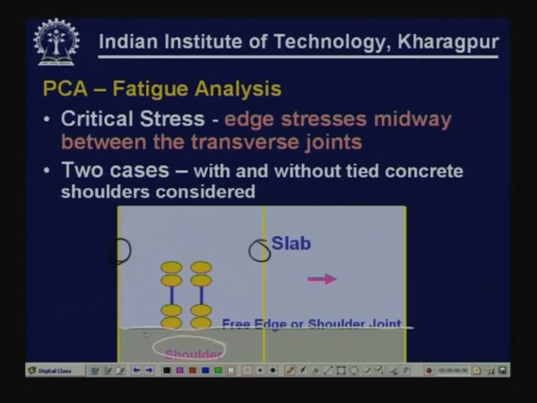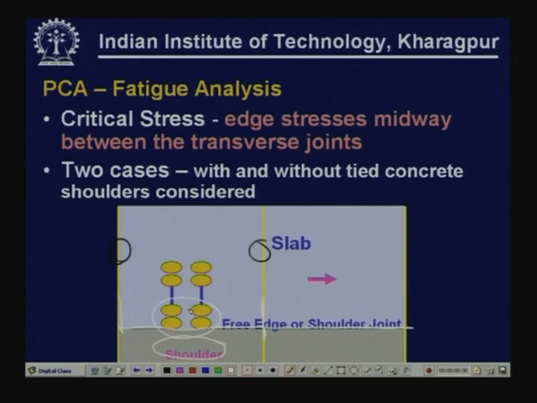So we are concerned about the stresses that are developed along this edge, when the wheel load is placed close to the edge, with the tire imprint being tangential to the longitudinal edge, and away from these two transverse joints. That is what we mean by midway. So this is the position of the load that we are concerned about: edge stresses midway between the transverse joints, in the edge region away from the joints.